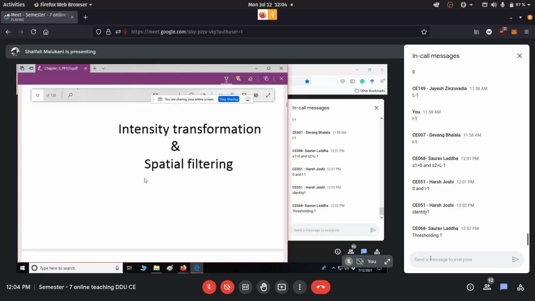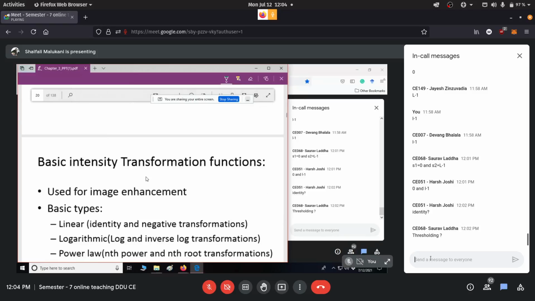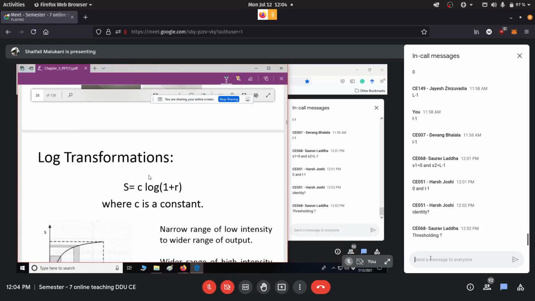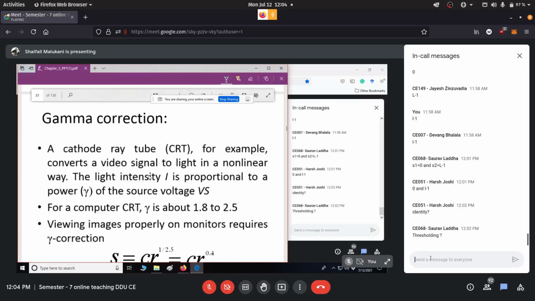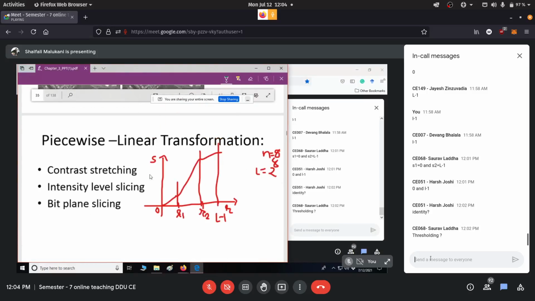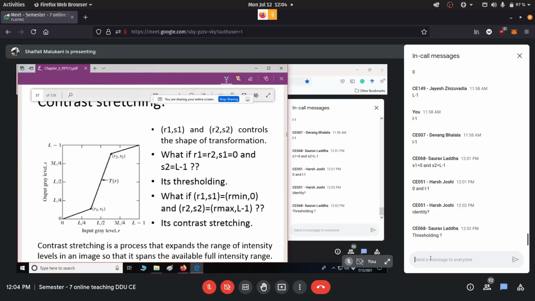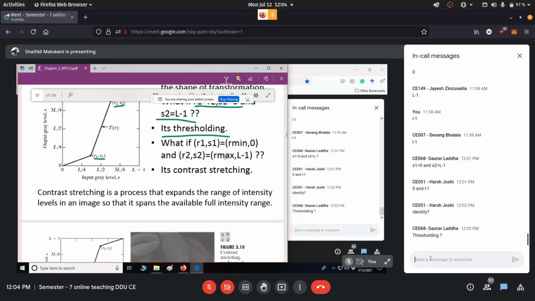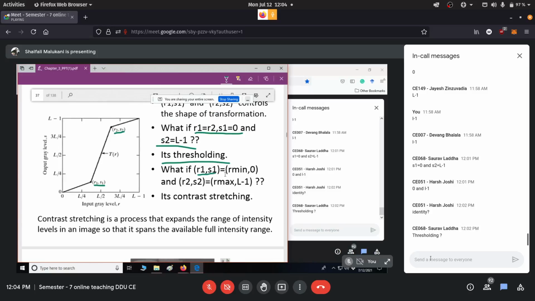Let me show you that in this slide so that it will be clear. In case not clear, stop me. This is what I was talking about, right? So R1 is mapped with S1, R2 is mapped with S2. If R1 is equal to R2, then it is thresholding. If R1, S1 is the minimum value 0, 50 is mapped to 0, and 100 is mapped to 255, then it is contrast stretching.